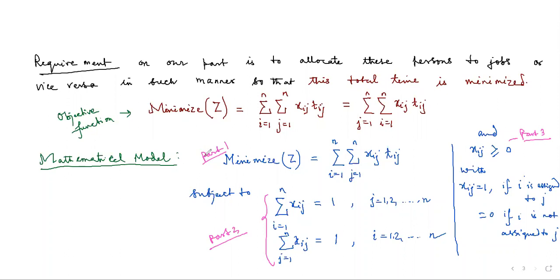In a linear programming problem also, we have 3 parts. One part is this, the objective function. Another is constraints and non-negativity restriction.